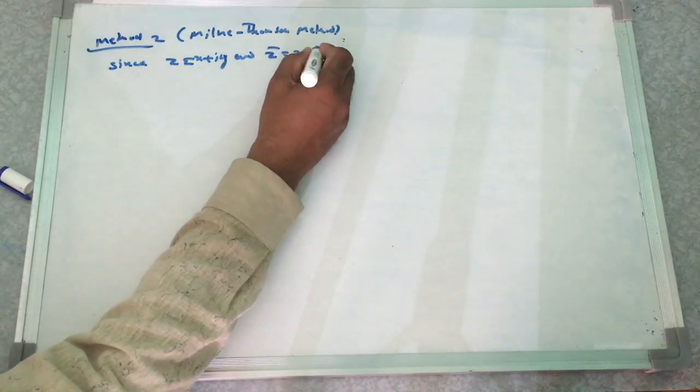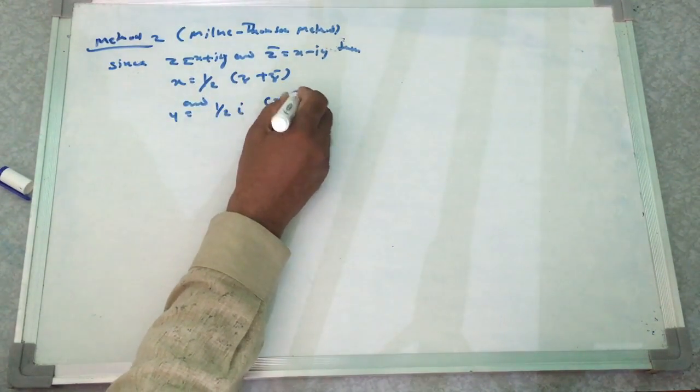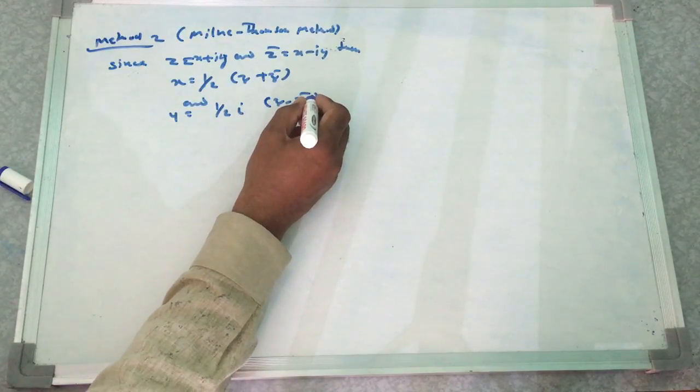Since z is equal to x plus iy, and z bar is equal to x minus iy, then x is equal to 1 upon 2 into z plus z bar, and y is equal to 1 upon 2i into z minus z bar.